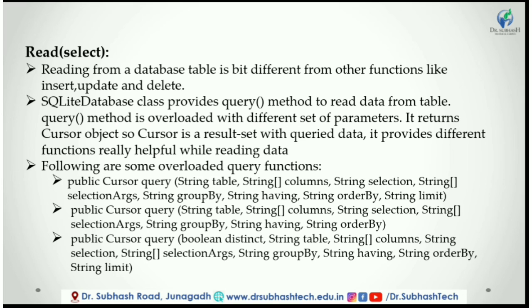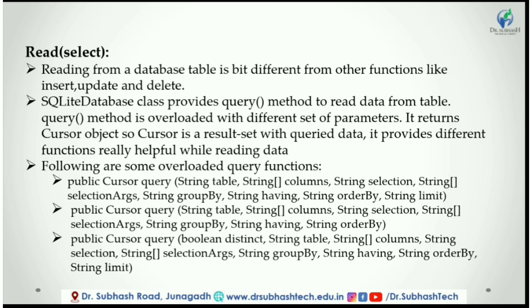And the next is a function of Cursor that contains a boolean distinct, then string table name, columns, selection, selection arguments, group by, having, order by, and limit.